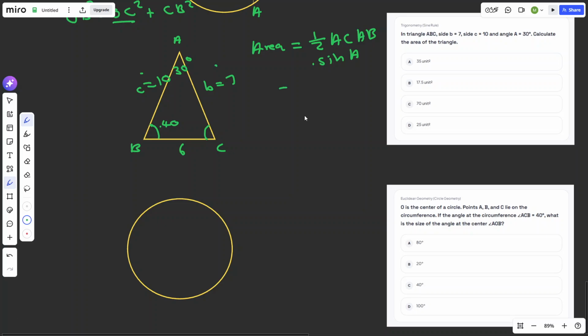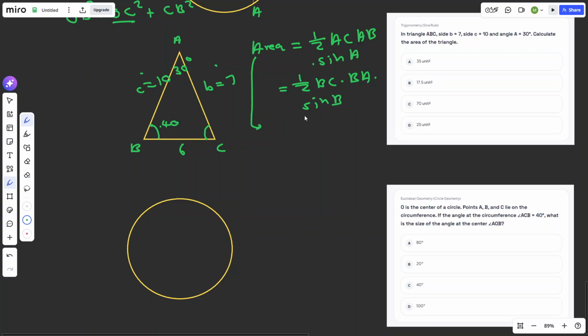You can still find the same area using the other info you have. So in this case, we've got angle B, so we're going to say BC times BA times sine of B, because these 2 sides are adjacent to this angle. But anyway, let us find the area here.